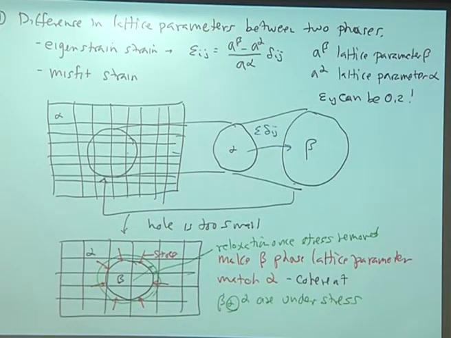And so you apply a strain on going from here to here. And then when you put it back into the matrix, you have a relaxation from that state out. And so you have some elastic strain in the system too. And so this is the eigenstrain here. You have elastic strain here.